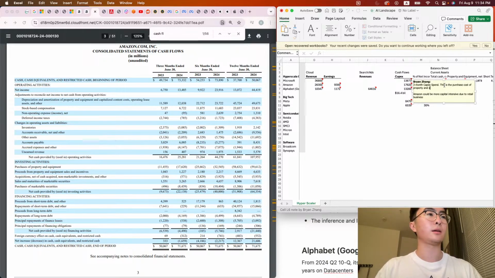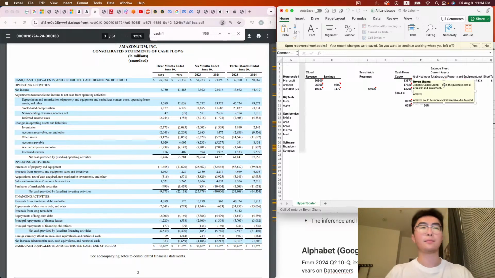Property and equipment. I'll leave that there. But also note that they do consider net capex. We'll call this cash, and they call it cash capex.